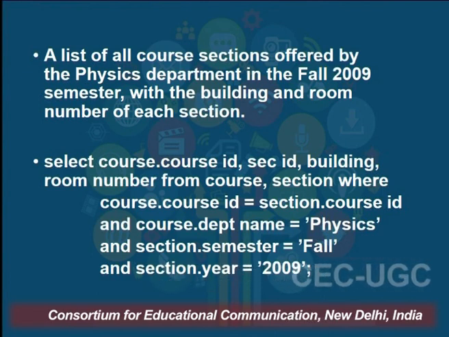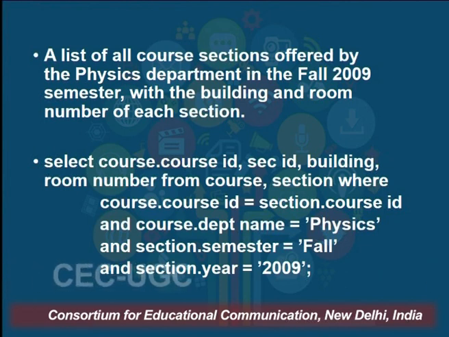So the query goes like this: select course.course ID, because course ID is common to both relations, the course and the section. So we have prefixed the course ID with the name of the relation. Select course.course ID, section ID, building, room number from course, section.